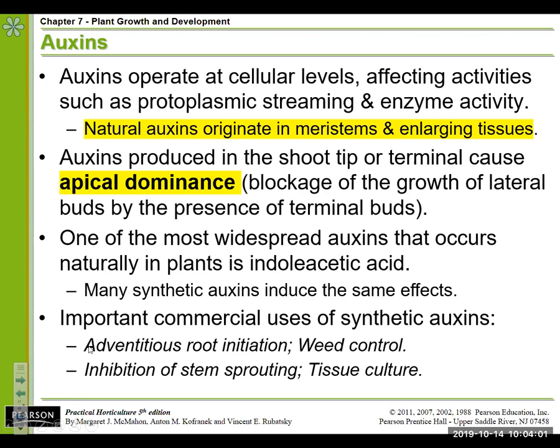In creating cuttings, we will dip it in this powdered or liquid form of this auxin hormone to develop adventitious roots. We can also use it in weed control, inhibiting stem sprouting, and also in tissue culture types of propagation, where we're reproducing plants in lab conditions.